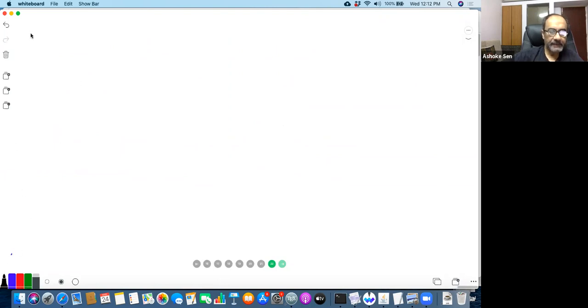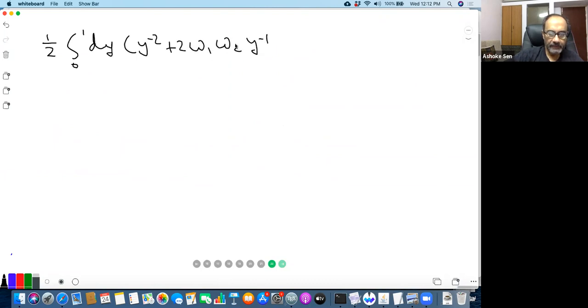So you take this integral, half integral 0 to 1 dy y to the minus 2 plus 2 omega 1 omega 2 y inverse. This you split into two parts. One is from 0 to y0, dy y to the minus 2.